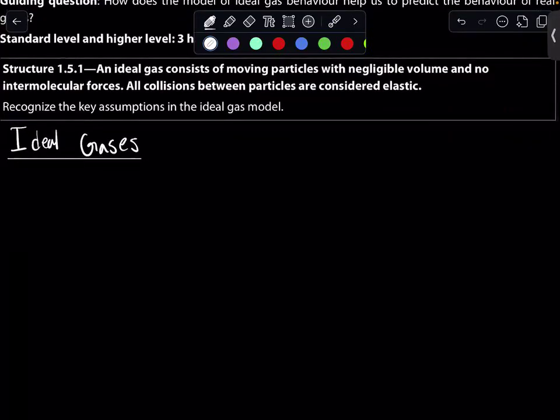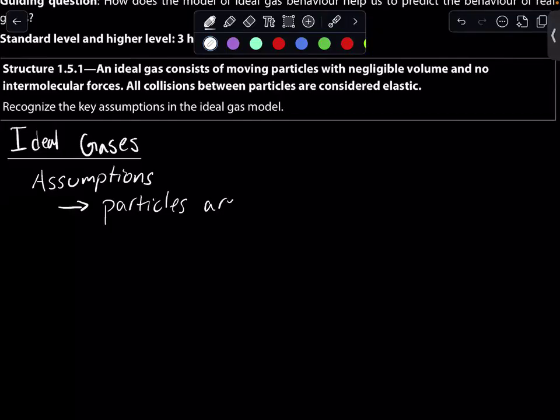So starting off, we have to talk about what the ideal gas model is. It follows a couple of assumptions. Now, you will have to know these. The IB sometimes will test you on these and ask you about certain ones, so it's good to have them memorized, but they're a little bit common sense. First off, we assume particles are in constant, random, straight line motion.